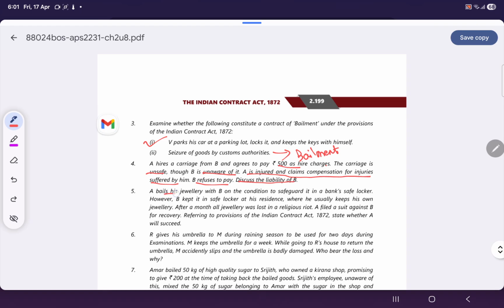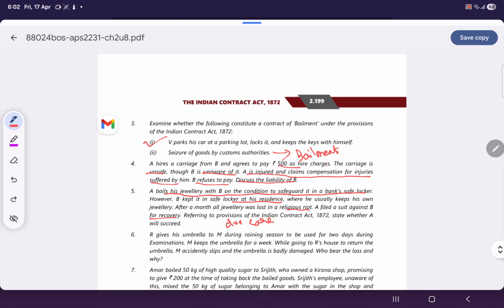Now A bails his jewelry with B on condition to safeguard it in a bank safe locker. However, B kept it in a safe locker at his residence, where he usually keeps his own jewelry. After a month, all the jewelry was lost in a religious riot. A filed a suit against B for recovery. Referring to the provisions of the Indian Contract Act, state whether A will succeed. B has not taken due care.